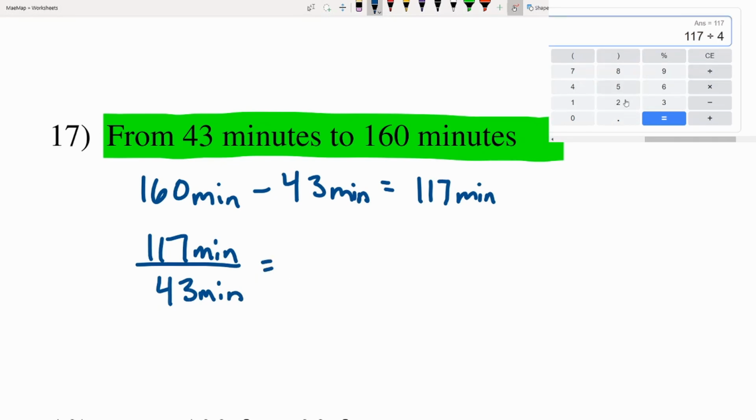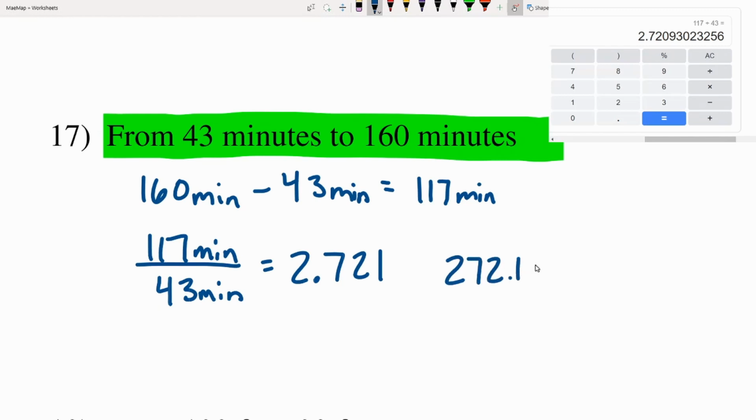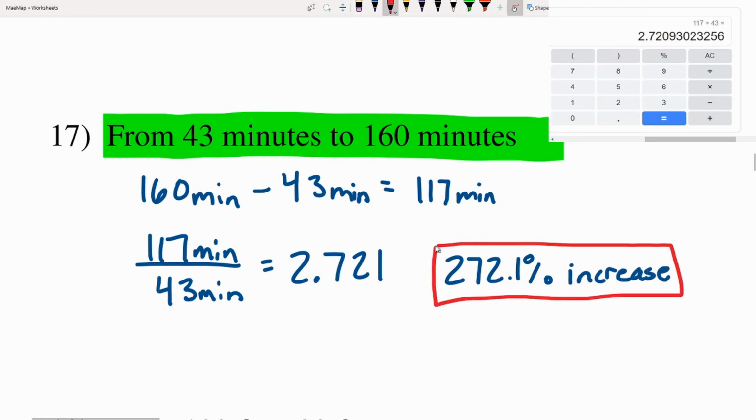So dividing 117 by 43, we get, well, as a decimal, it's 2.721 when rounding, but we're moving that decimal place 2 to the right. Moving that decimal point 2 to the right when multiplying by 100 to get the percent change is going to be 272.1%, and that was an increase. 272.1% increase for number 17.